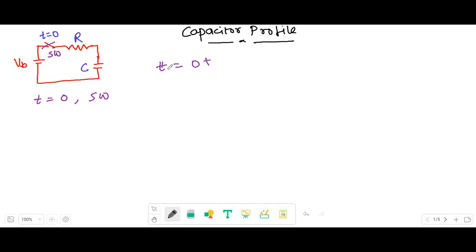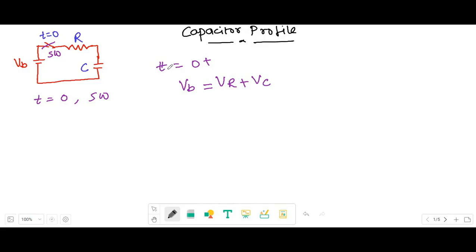Once your switch closes, if you want to write the KVL on this loop, KVL is going to be VB equals the voltage across the resistance VR plus the voltage across the capacitor VC.